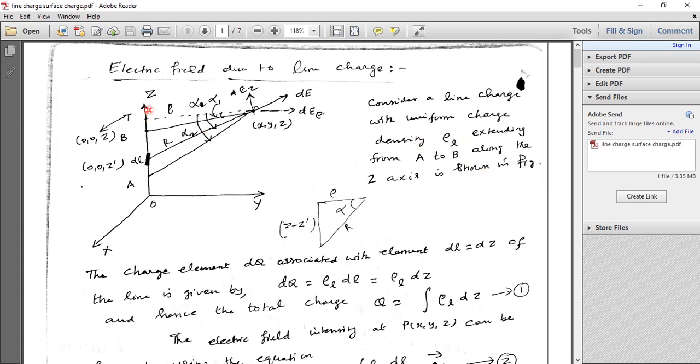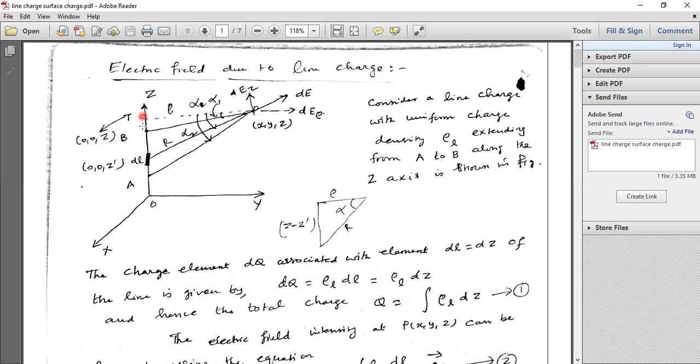We are considering a conductor which has charges along its length and which is present along the z-axis. We are considering a small length of the conductor, dl, at the point 0, 0, z dash.